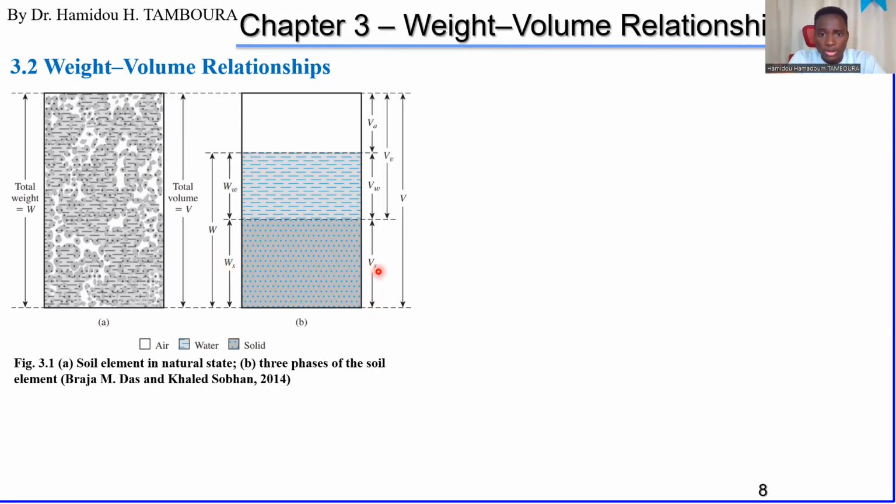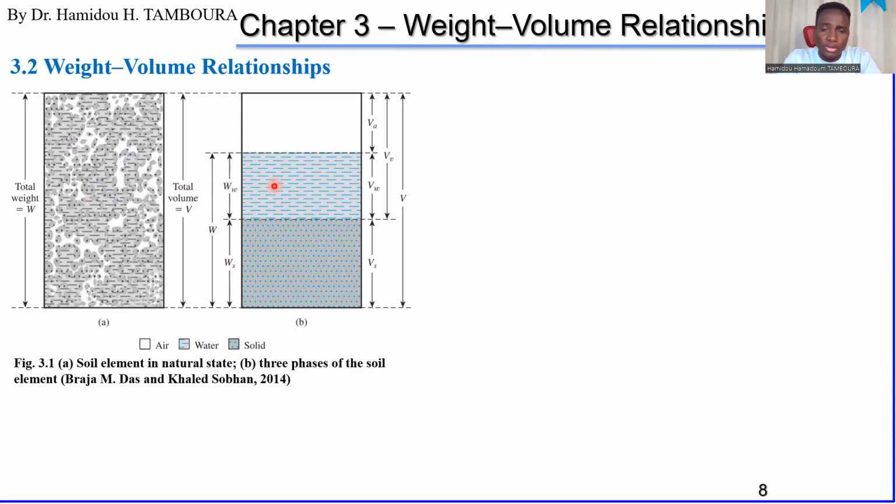If you go to the liquid phase of our soil sample, the liquid phase also has its own weight. We will call it Ww. The first W is for weight, and the second one is for water, because in our case we will say water.